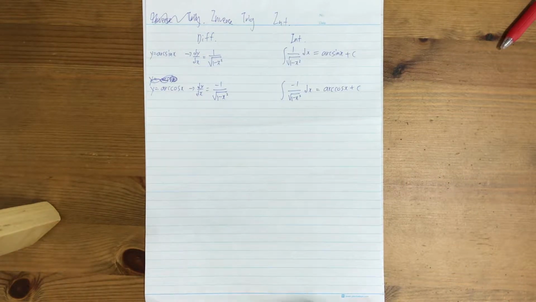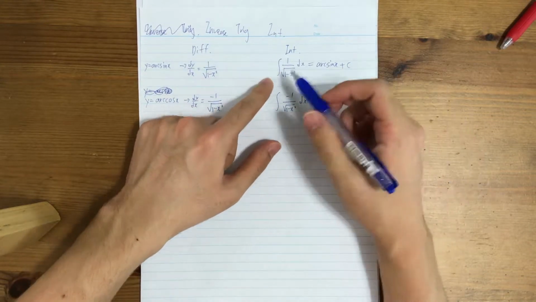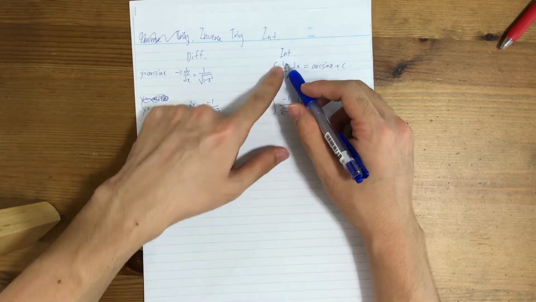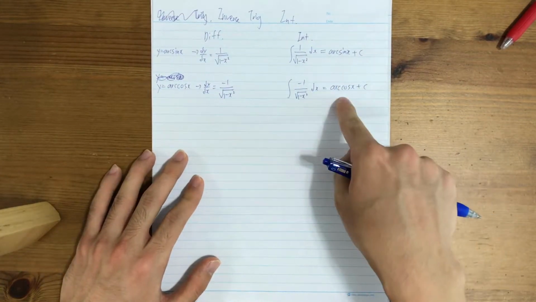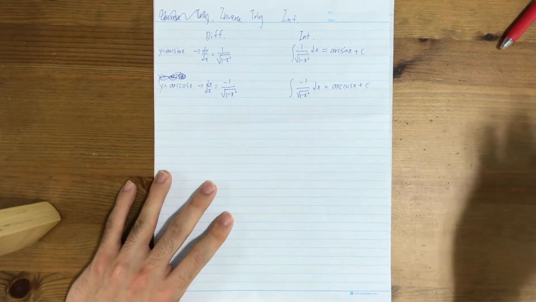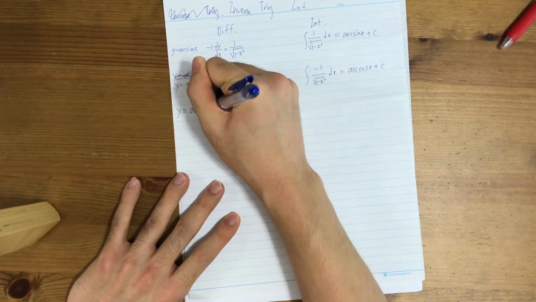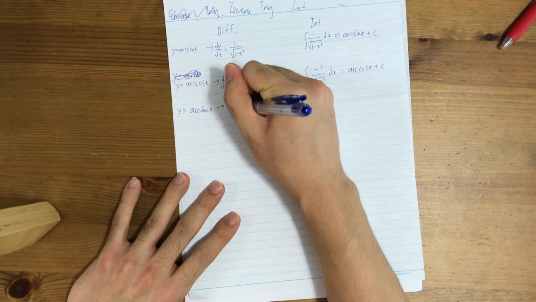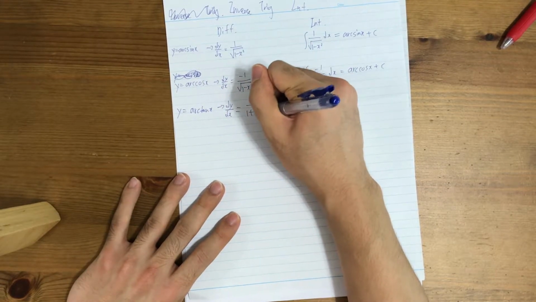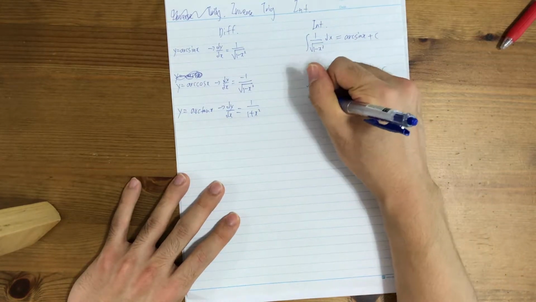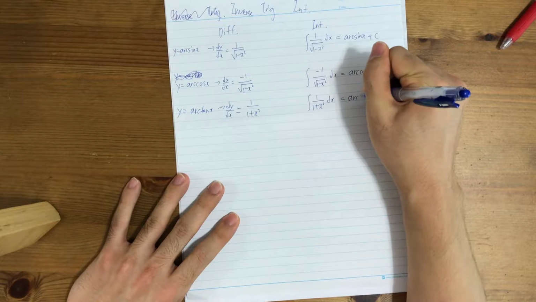So we don't really use this, because even if we have a negative sign here, we can just move it out and use arc sine instead. We rarely use this, but it's also fine to use it. Lastly, arctangent. We have 1 over 1 plus x squared, so if we integrate 1 over 1 plus x squared, we'll have arctangent.